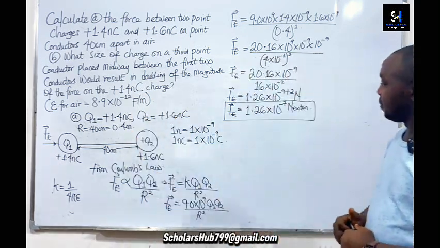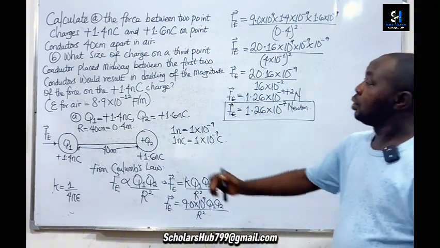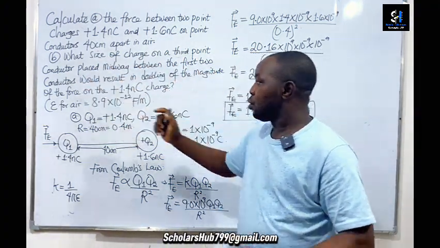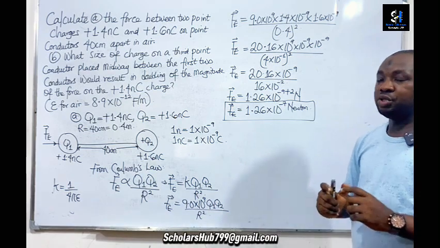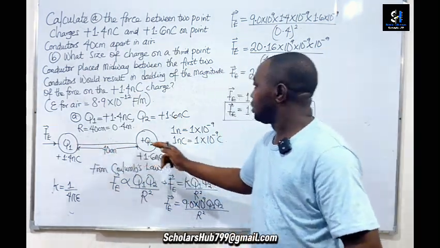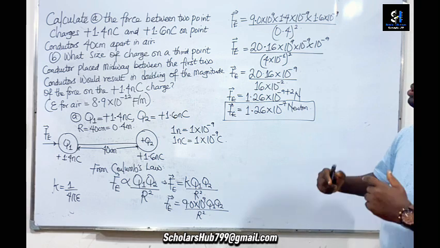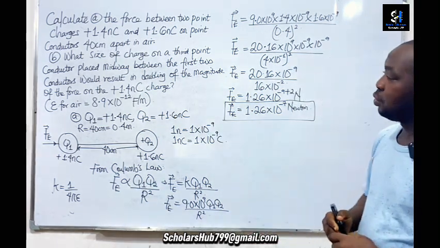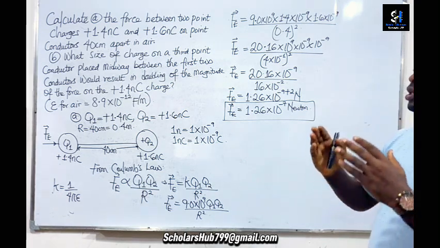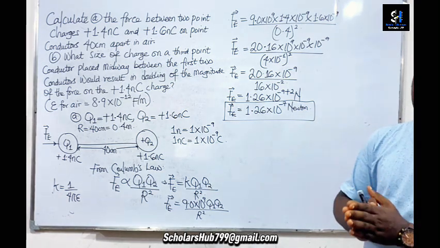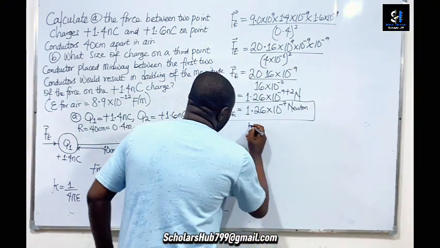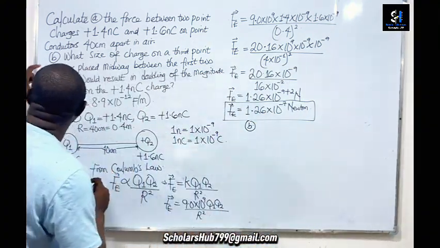Will attract each other. Okay, so B: what size of charge on a third point conductor placed midway between these two charges, between the first two conductors, would result in doubling of the magnitude of the force on the positive 1.4 nanocoulomb charge?